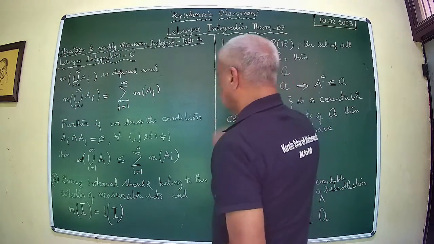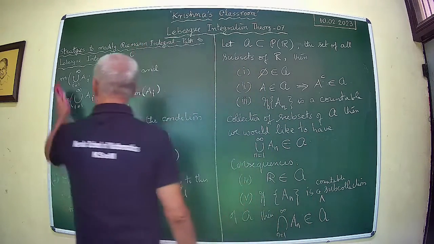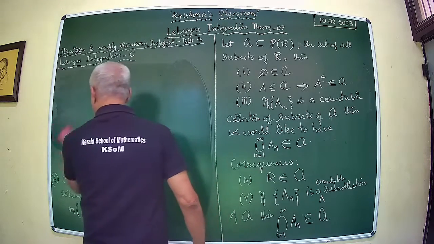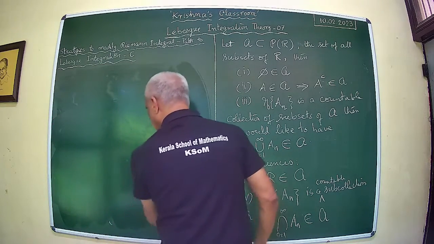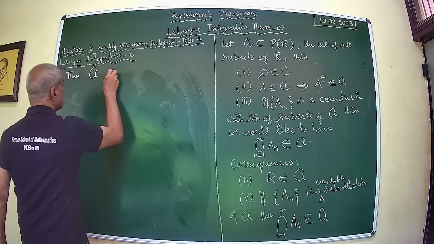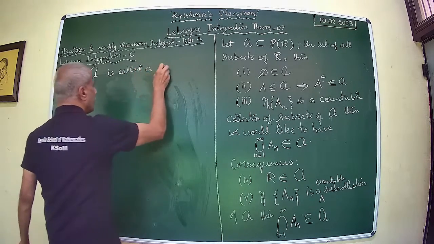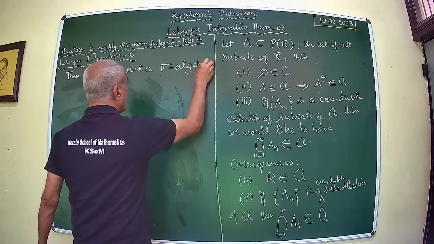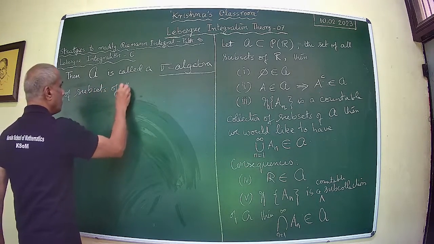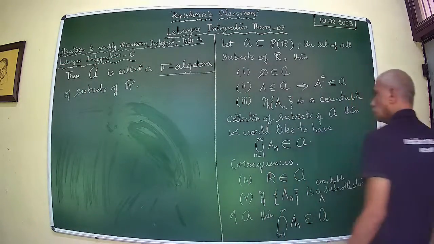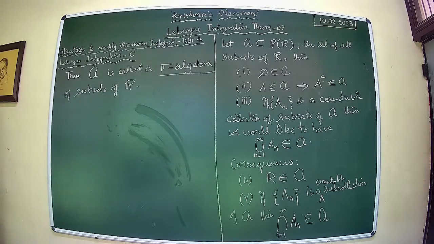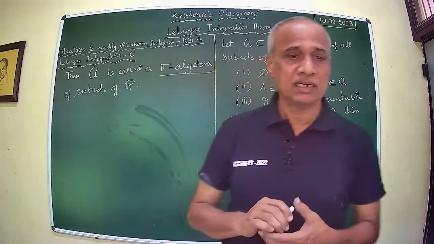So we shall call sigma or script A a sigma algebra of subsets of R. So this appears to be the class on which we have to define the measure, which is a set function.